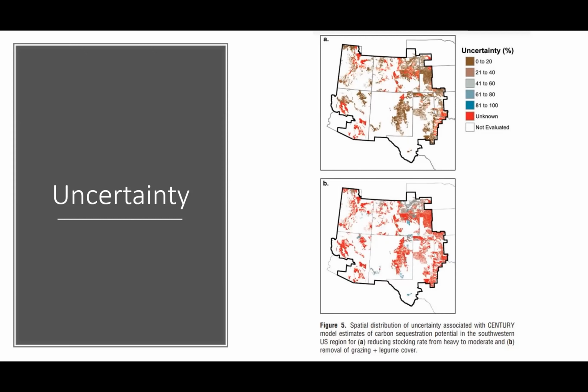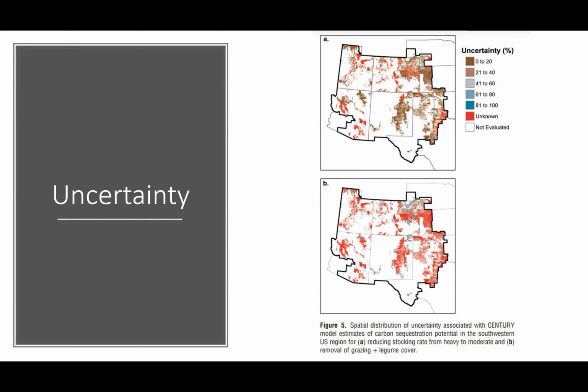And when I say uncertainty is a measure of risk, when we go into a market situation, most markets are very interested in two things. One is the amount. How much carbon are we going to sequester? How much greenhouse gas emissions are we going to reduce? But they're also very interested in that uncertainty.